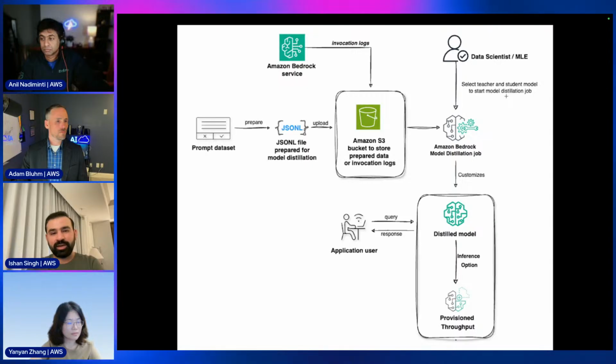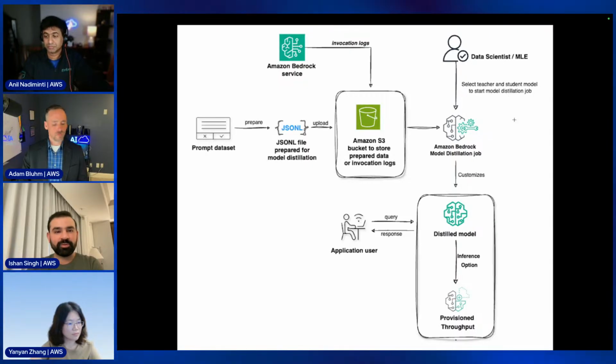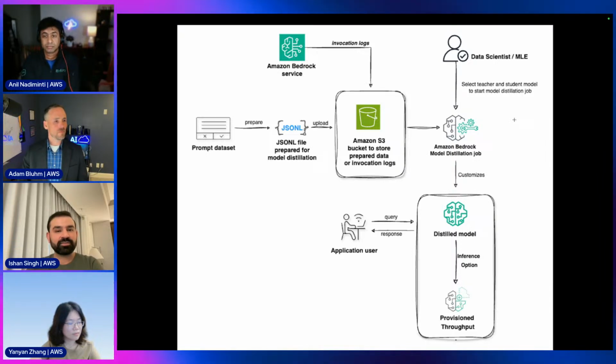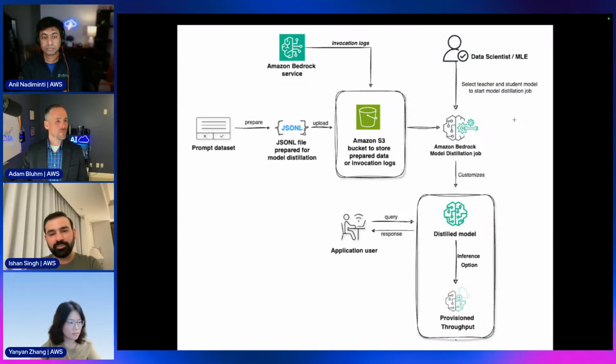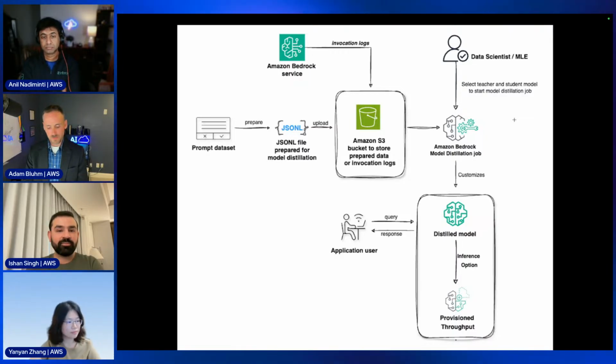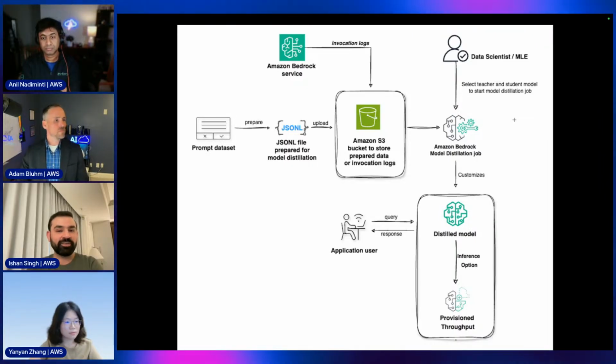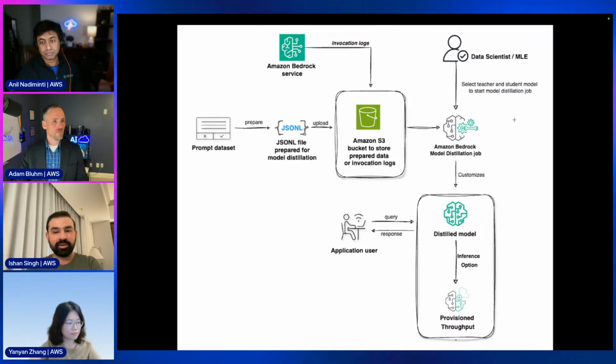For the teacher model you would look at quality, whether the responses meet the quality standard that you have. Quality is a buffer term that I'm using, so you may have different definitions of quality based on your use case. For a student model, you would be interested in how fast the model is, whether the cost fits your budget, and all those things. So that's piece number one of distilling a model.